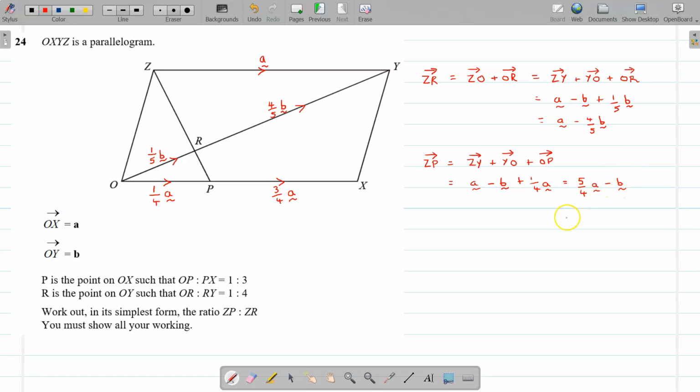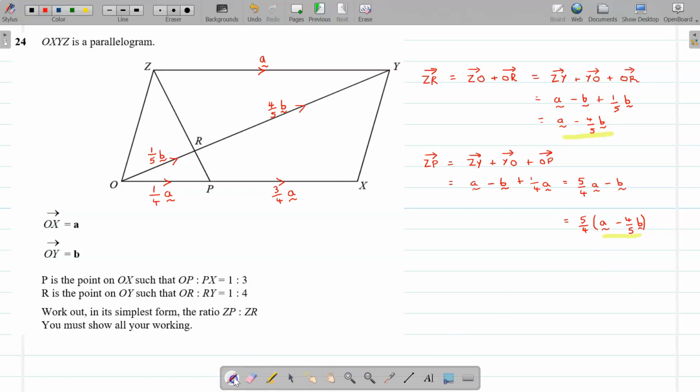Now I'm just going to notice that if I take out that factor of 5/4 to the front of a bracket, it's 5/4 of A minus 4/5 of B. The reason I've done that is so that you can see, hopefully, that the vector I've just put in brackets there is the same as ZR.